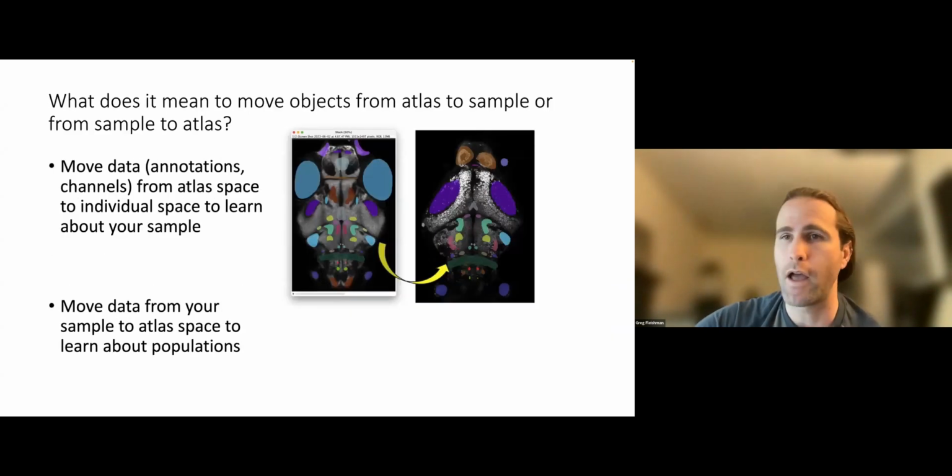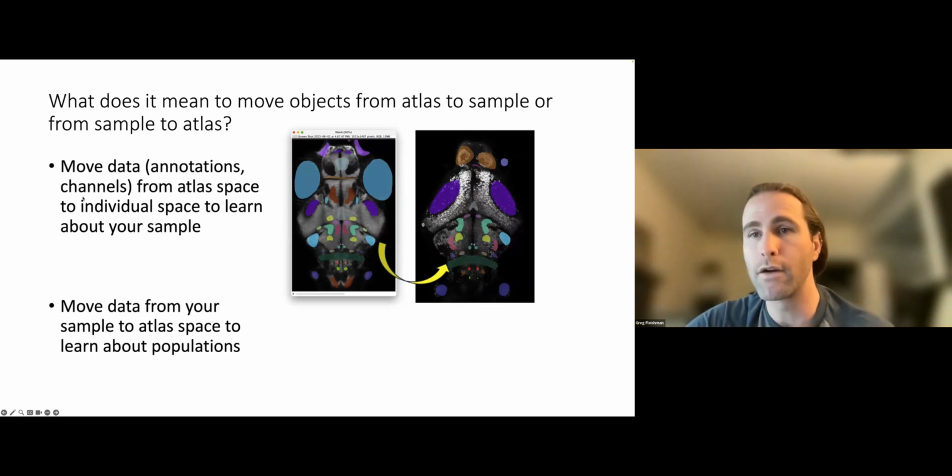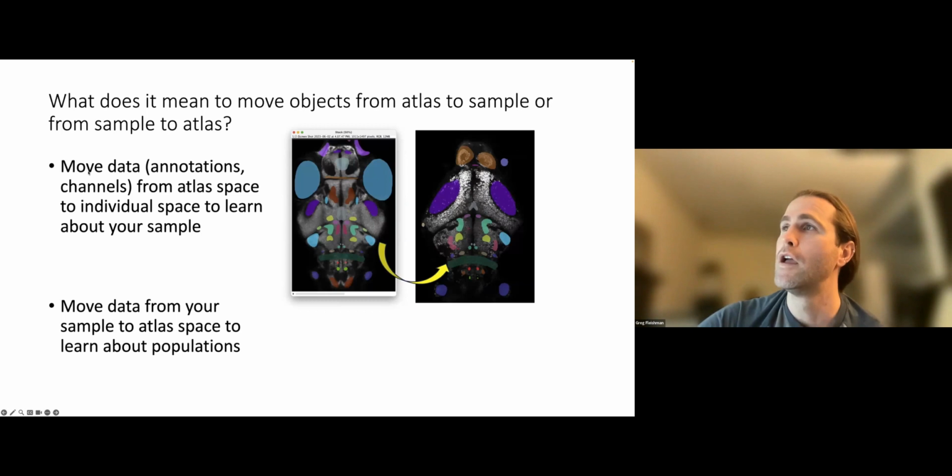Okay, last slide before I get to actually looking at code. What does it mean to move objects from an atlas to sample or from sample to atlas? This is just reiterating a point from the previous slide. Moving data from atlas space to individual space, like annotations or channels, this is an example of doing that here. So here's the atlas data with the manual annotations over it again.